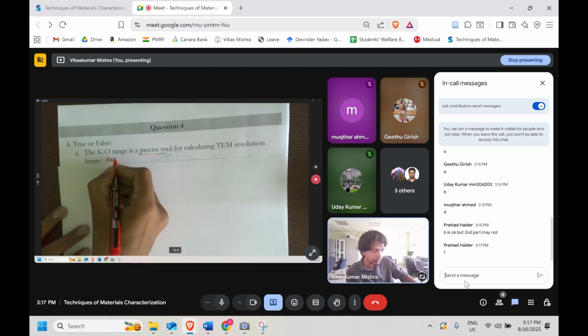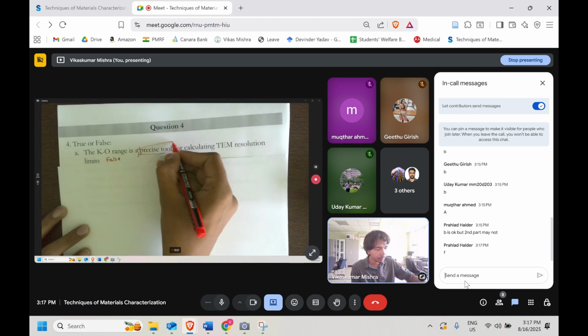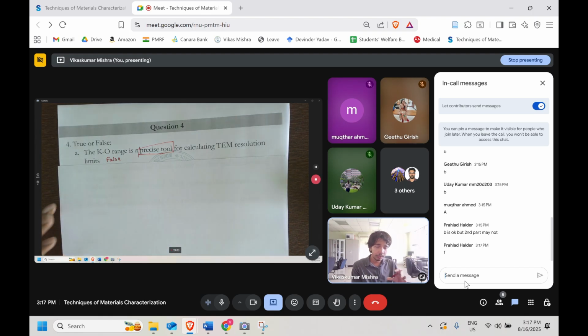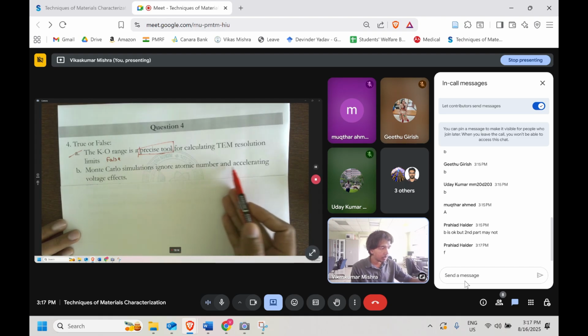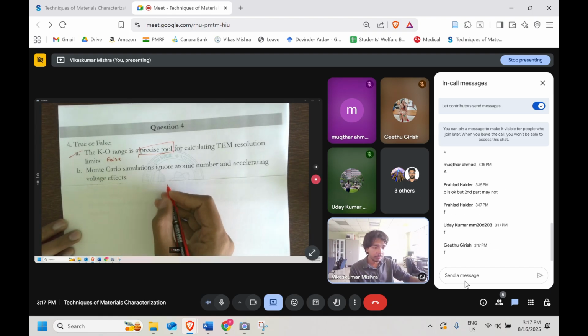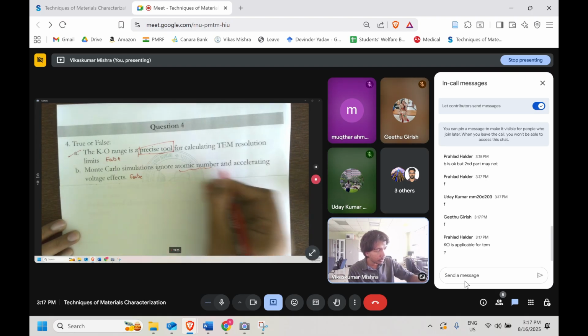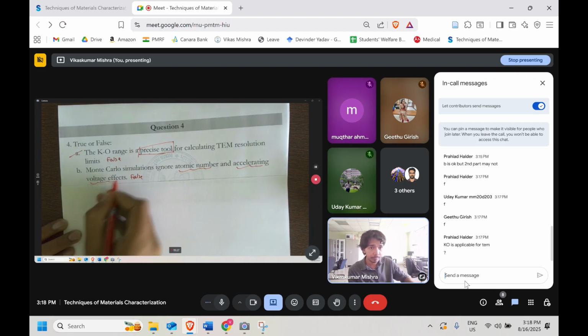False, right? Very good. The reason it is false is that it's not a precise tool. It will just give you some rough estimation, but it's not a precise tool to calculate the resolution in the TEM. Second, Monte Carlo simulation ignores the atomic number and accelerating voltage effect. What do you think? Again, very good, it's false. We took the atomic number and accelerating voltage into account.